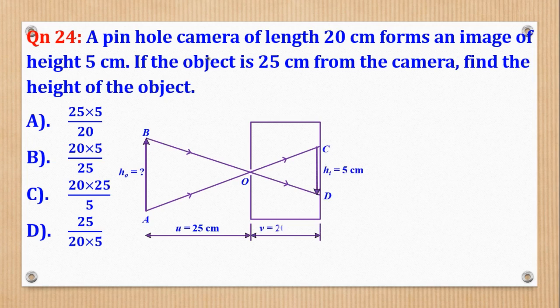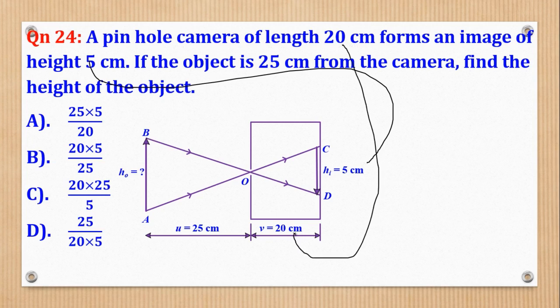The good thing, they already told us that the height of the image is 5. And that the pinhole is of, here they said, pinhole of length this. So this is the length which becomes the image distance. So you have object distance and image distance. We have image height but no object height.